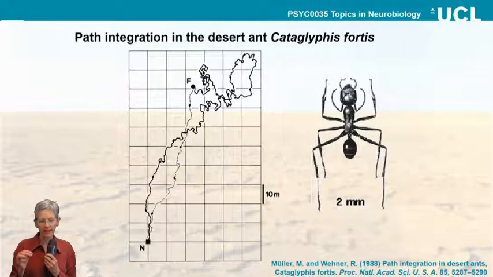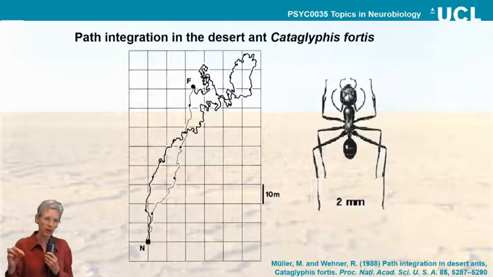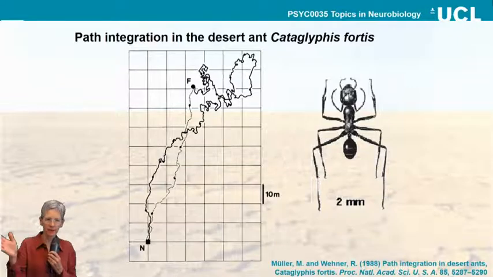The way he found this is that if you pick up an ant that's just found food and move it 2 meters to one side and then see where it goes, the path that the ant takes will be in the correct direction back to the nest, and the ant will walk for roughly the correct distance. But of course it won't find the nest because it's been moved over.